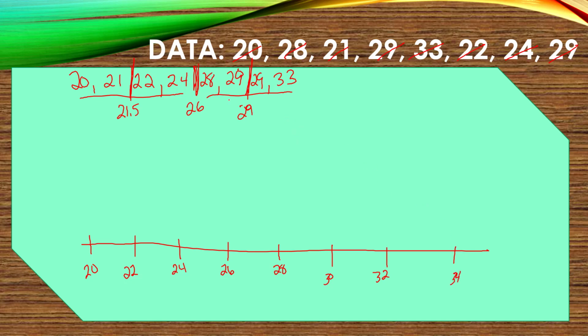All right, so again, I generally like to get my lines on from my box. So we're going to have our first line at 21.5. That's going to be down here pretty close to, let's see, a little higher than 21. Our next value, 26. Our next value, 29.